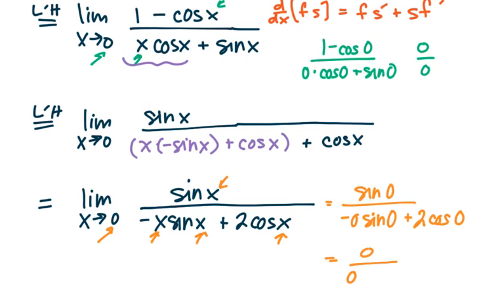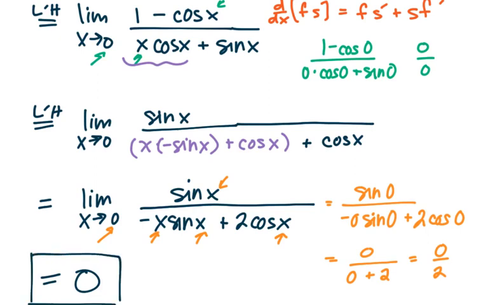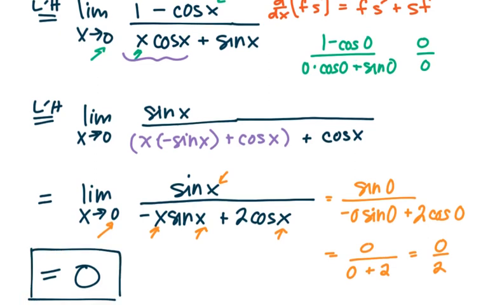Cosine of 0 is 1, so I've got plus 2, which gives me 0 over 2, which is equal to 0. And we're done. You should be able to verify any of these limits we just did by typing the original function into your graphing calculator and looking at what happens as you approach the requested value.